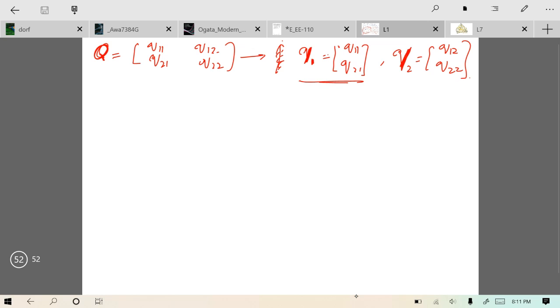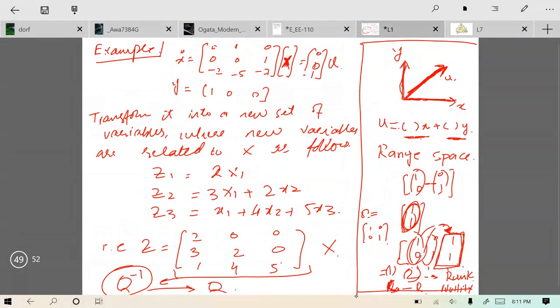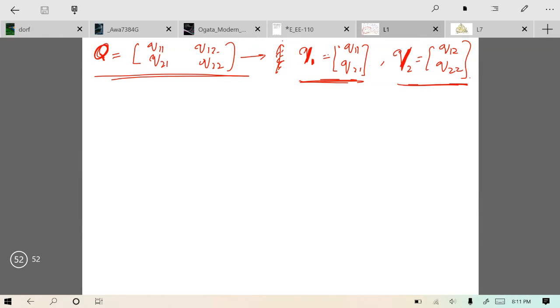So I need to find these two vectors in order to find my Q matrix. Just like this, these two vectors made this Q. Similarly, these two vectors would make this Q.